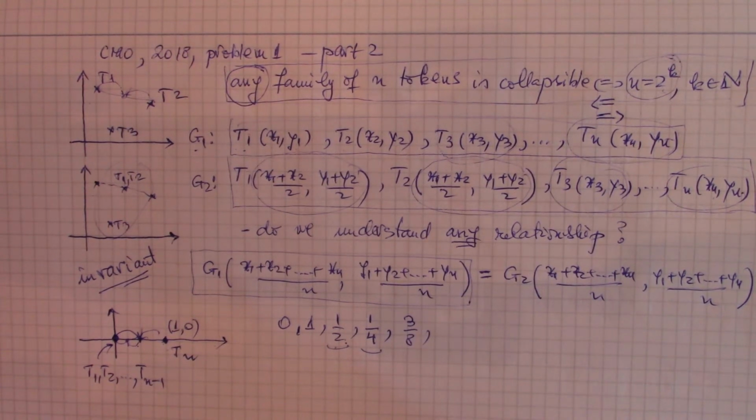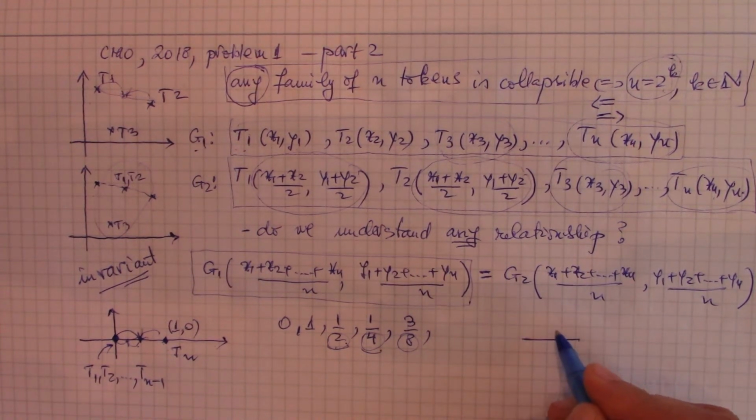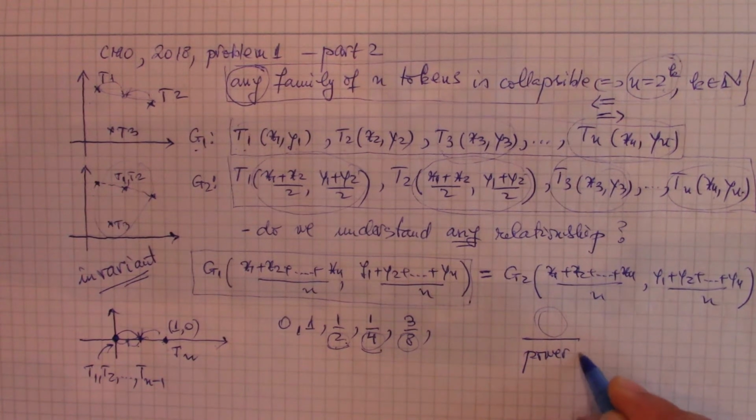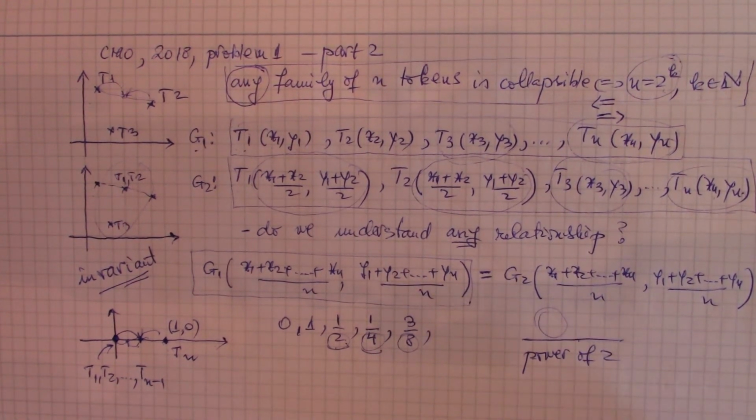So we already see a pattern here: no matter how we do things in this particular setup, we are going to get tokens at a coordinate whose numerator I don't necessarily have control over, but whose denominator is going to be a power of 2. So no matter how we pick tokens in this particular family, the denominator of the new position of tokens is going to be a power of 2.